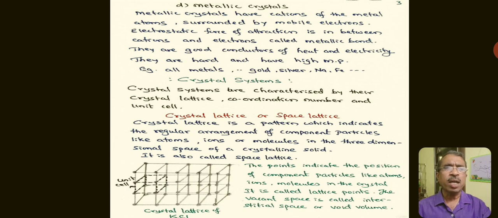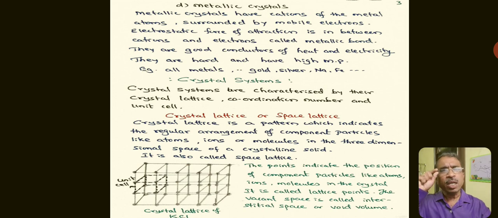Metallic crystals are good conductors of heat and electricity, and they are hard and have a high melting point. All metals like gold, silver, sodium, iron, etc. come under the class of metallic crystals.